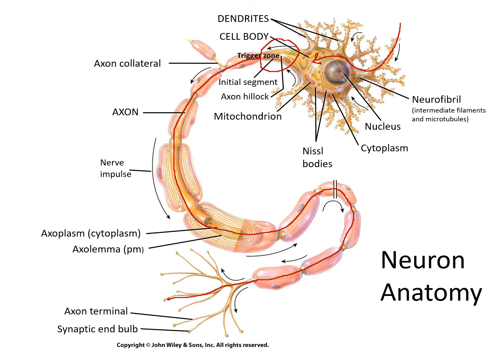And that signal will travel down all of these little projections here down to the synaptic end bulbs. And that's where this cell is going to synapse with other cells and perhaps excite those other cells, or maybe even inhibit those other cells.